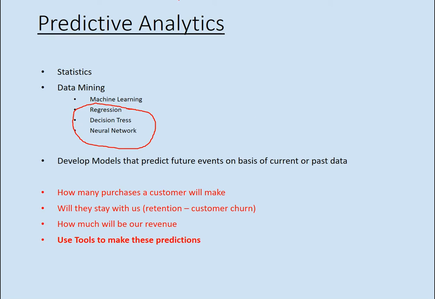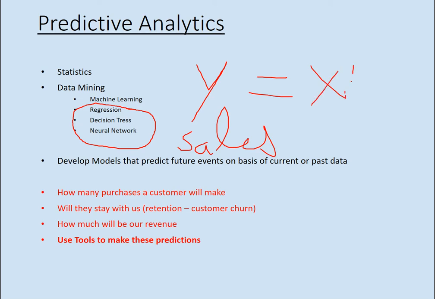So if I want to predict what would be my sales in future, I want to develop some sort of model where I say X1 and X2, which are some of my variables, are impacting my sales in certain combination, which is what we will see in decision trees, neural networks, or regression. That's the purpose of our predictive analytics.